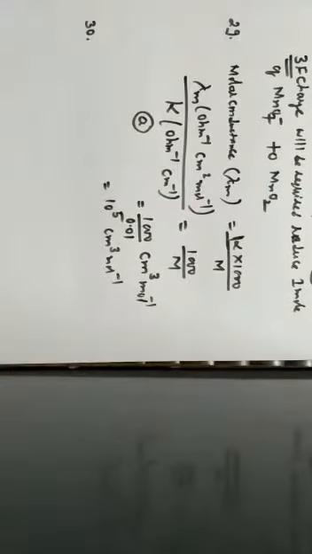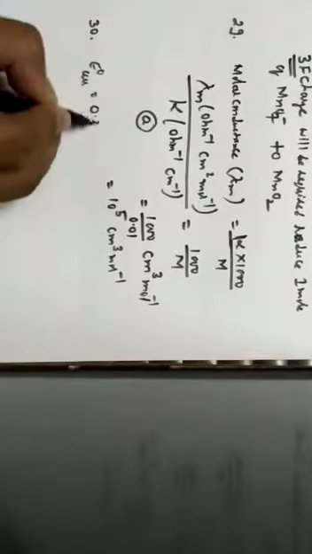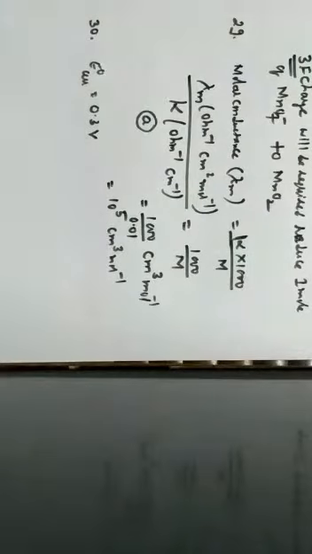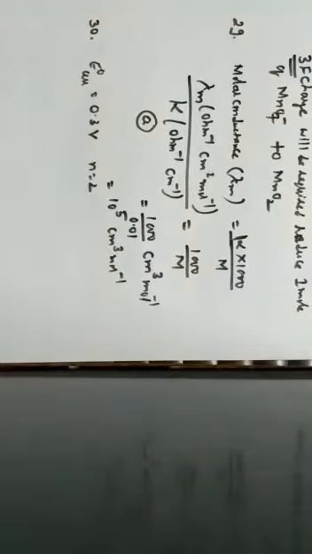So when it comes to question number 30, it has been given that for a cell involving 2 electron changes, E0 of a cell is equal to 0.3 volts. So it has been given as 2 electrons. Then the value of n is 2.